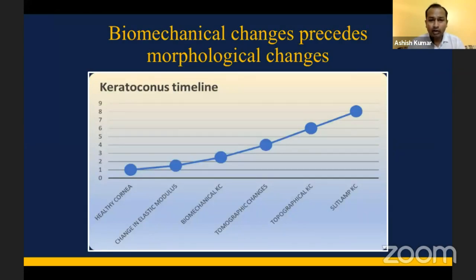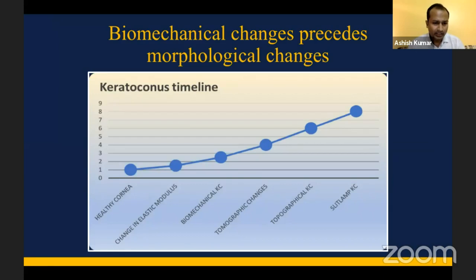Biomechanical changes precede morphological changes, and this has been the basis of incorporating biomechanical indices in our practice, because we want to detect these ectasia as early as possible, so to offer patients better safety after all these laser visual correction procedures.